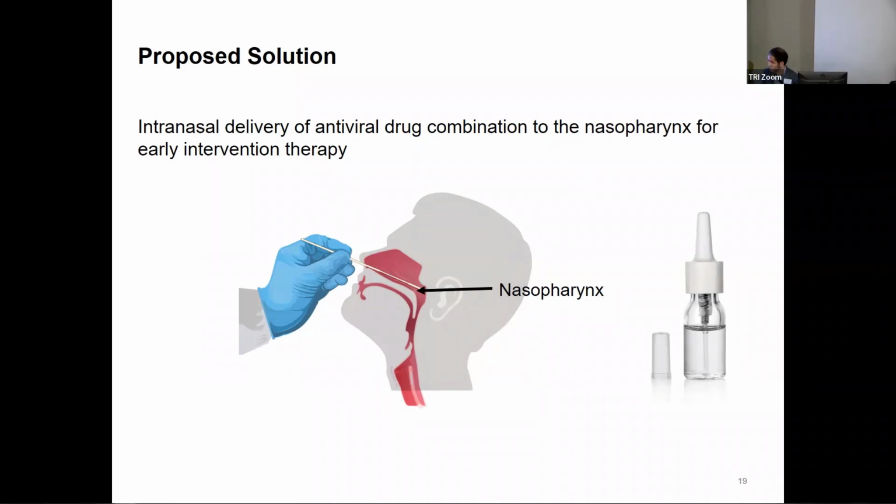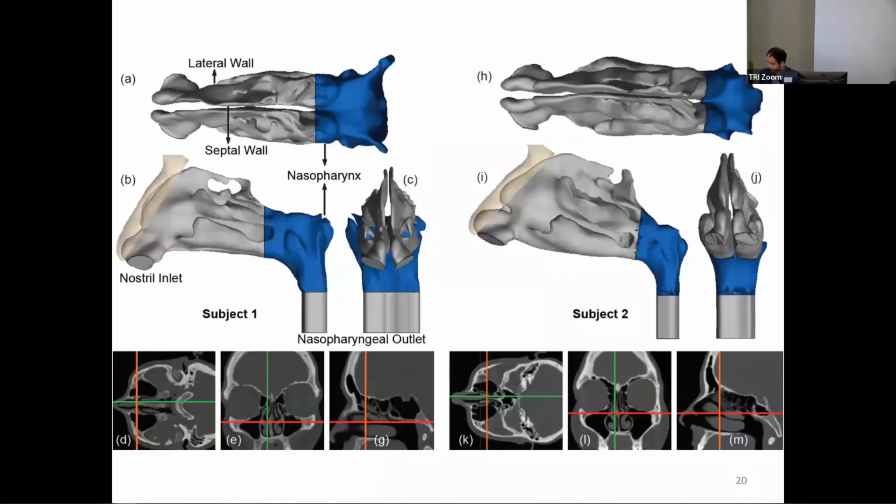There could be many drug delivery platforms, as we know. For the talk today, I am going to focus on nasal sprays. The workflow is very similar. In the first part of the talk, we had these geometries. We have tested many other subjects, but since I had these visuals ready, these are the same geometries that you saw at the beginning. We still run the airflow simulation, and then we run particle transport.